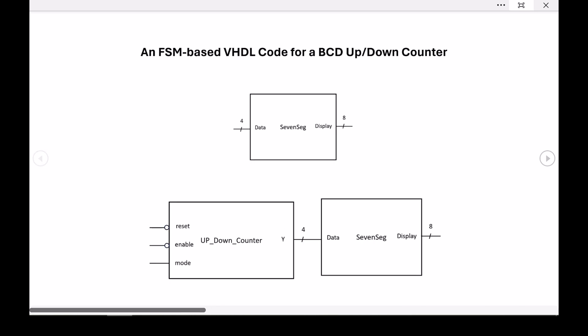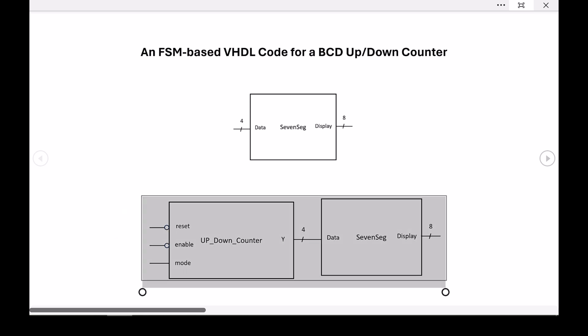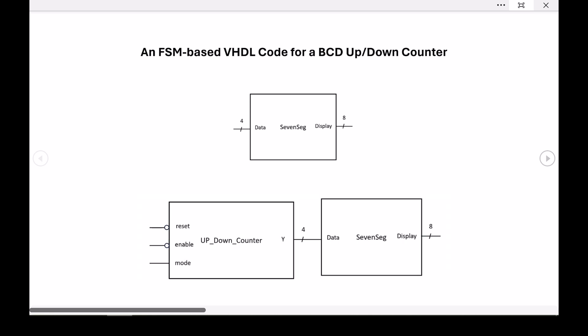To utilize the 7-segment display, I'm going to be connecting the output of my up-down counter to the input of the 7-segment display. So here I'll be creating a new file that uses 2 components in it, the up-down counter and the 7-segment display, where the inputs of this new file consist of the reset, the enable, and the mode input, and the output is only the display, which is a vector containing 8 bits.